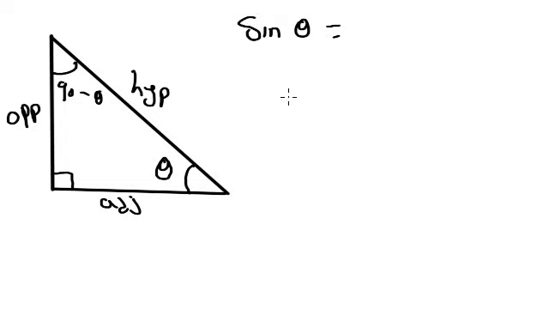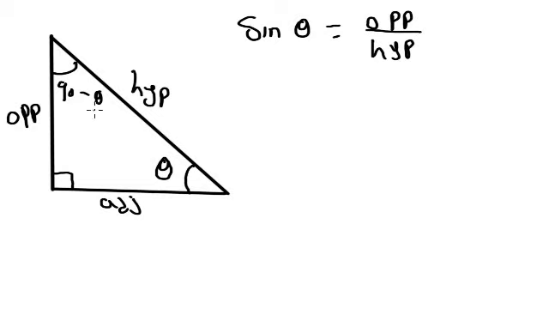In this case, you have to be very careful about choosing your opposite side, as it has to be the side facing that angle. So for theta, this will be the side that represents the opposite. You notice that sine theta will be opposite over hypotenuse.